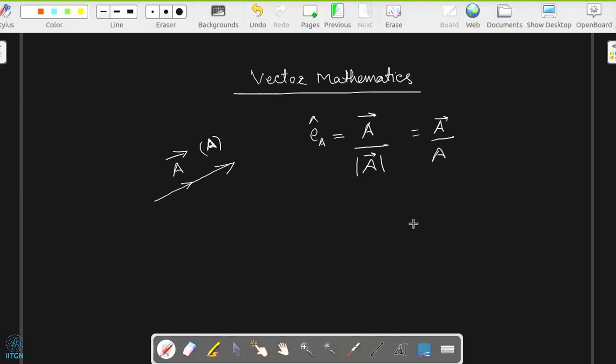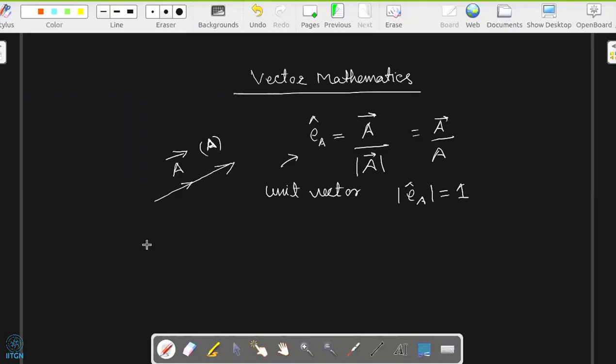This is known as the unit vector. Its magnitude is 1, and it is used to give the directional sense, in which direction the vector is acting.